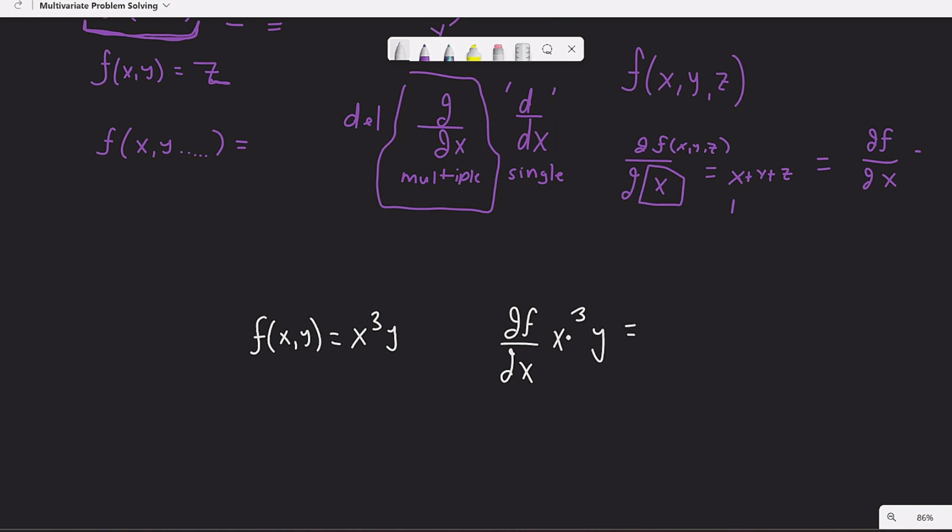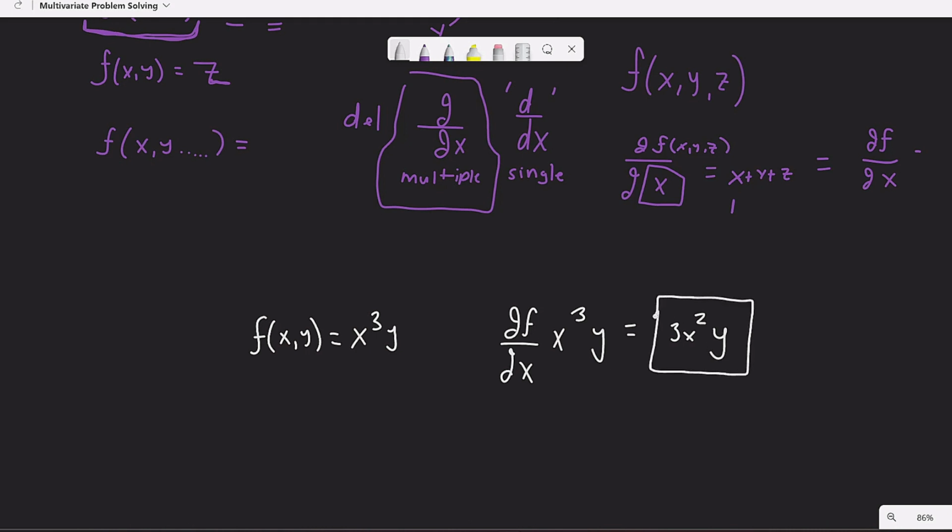So we would find the derivative with respect to x. We do our derivative properties on x to the third, so we get 3x squared, and y is a constant, and because it's being multiplied, we can just leave it as is. And here is our partial derivative.